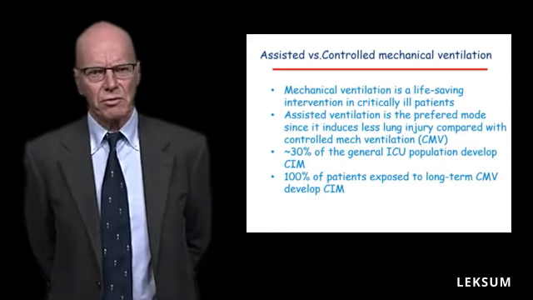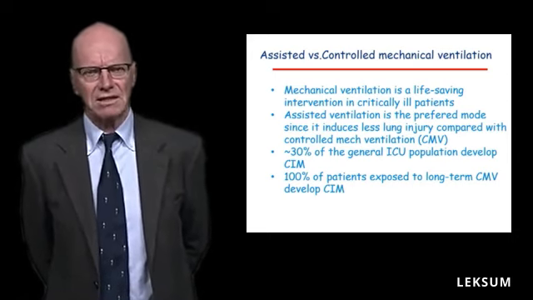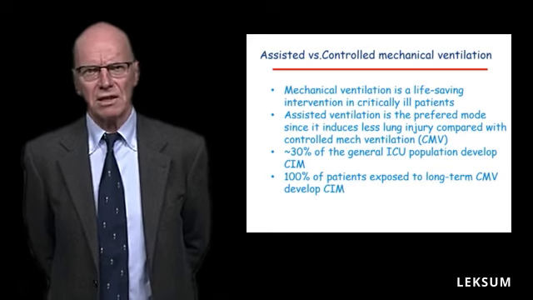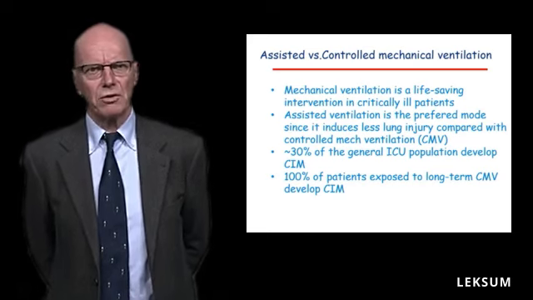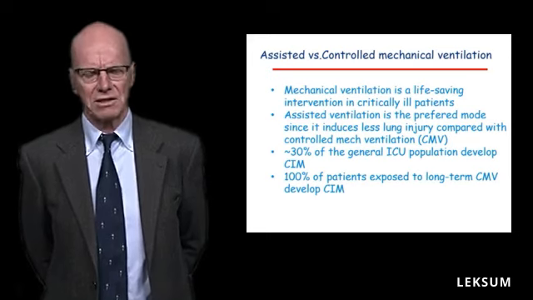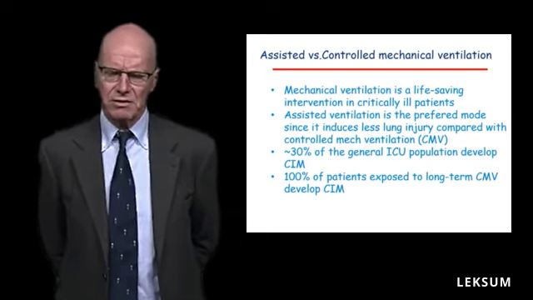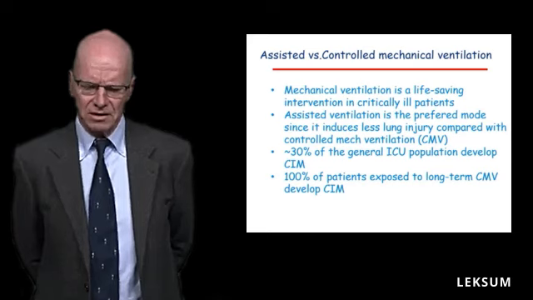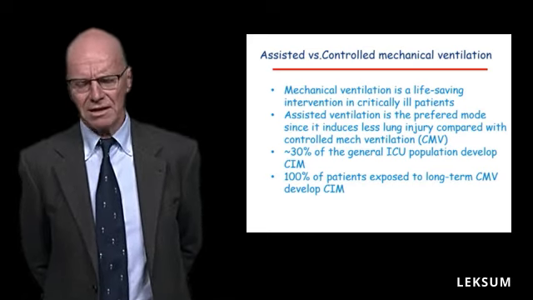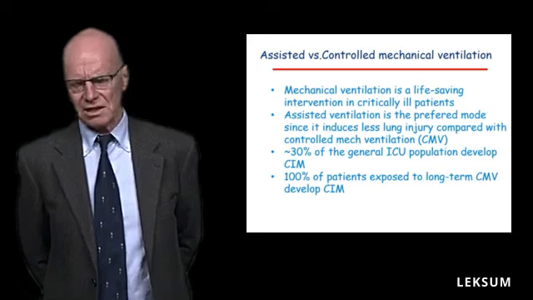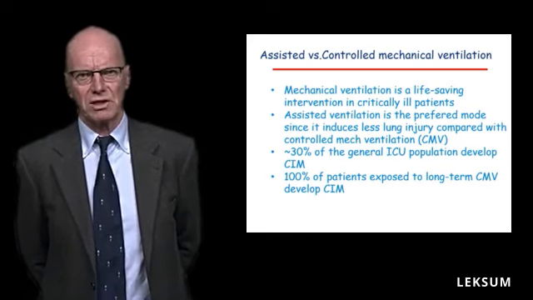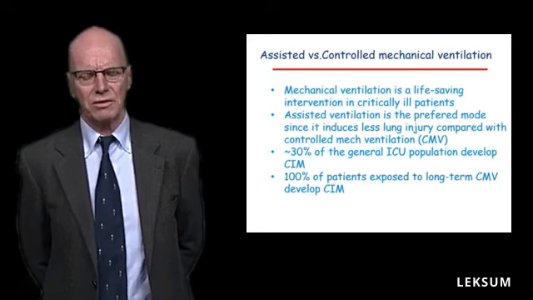It's also important to remember, of course, that mechanical ventilation is a life-saving intervention in intensive care unit patients. Typically the preferred mode is what we call assisted mechanical ventilation, where the central drive assists the spontaneous breathing because it induces less lung injury. But even so, in the general ICU population, almost 30% of the patients develop this critical illness myopathy.